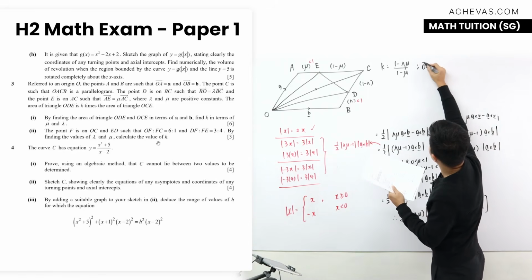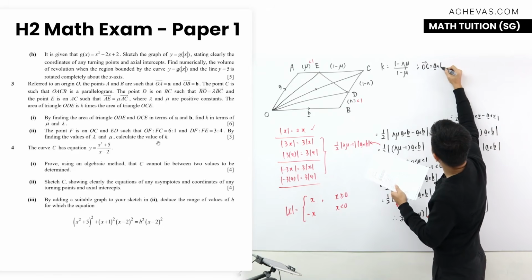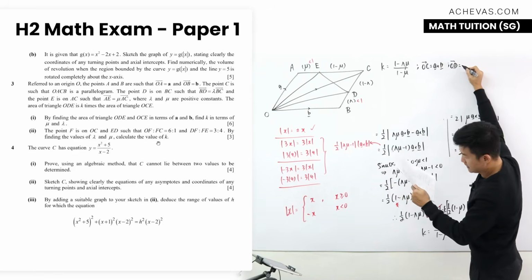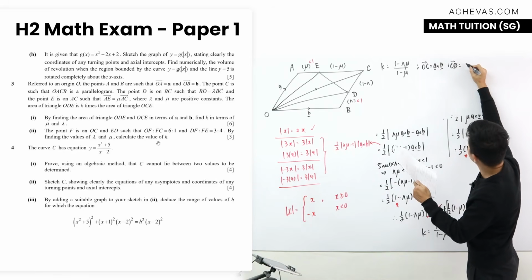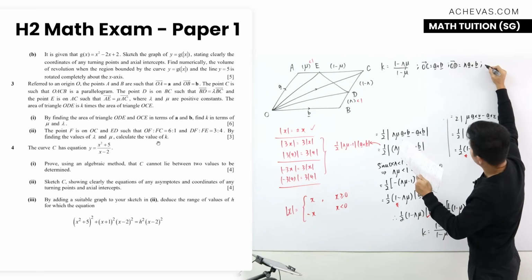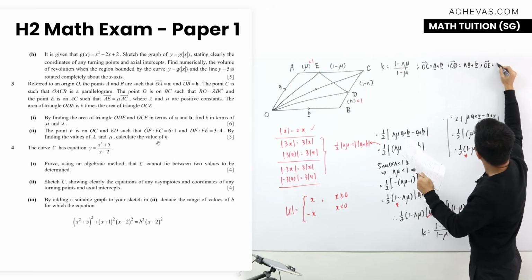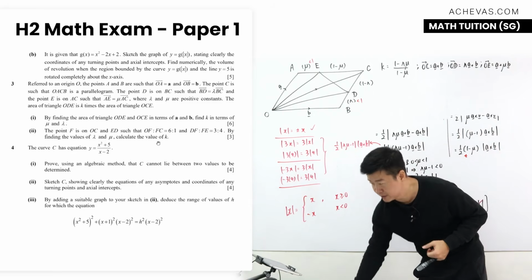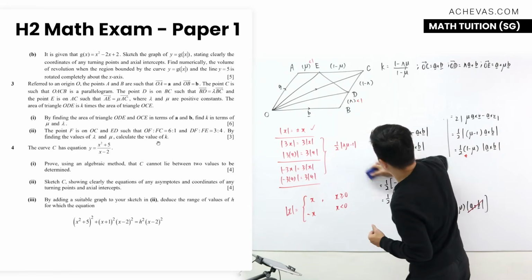So just now we have OC equal to A plus B. Then OD is equal to lambda A plus B, and OE is equal to A plus mu B. So this was what we got from the first part. Let's look at the second part.